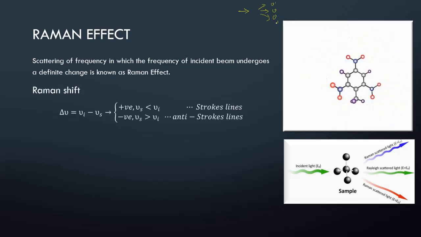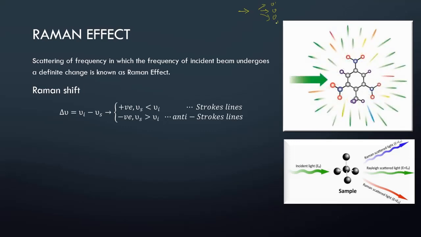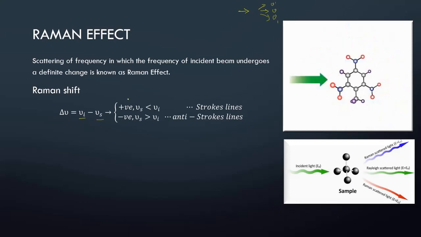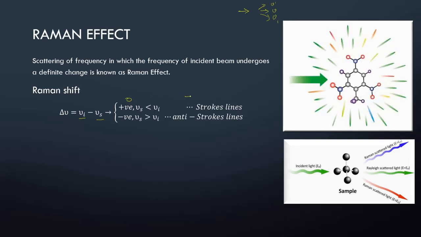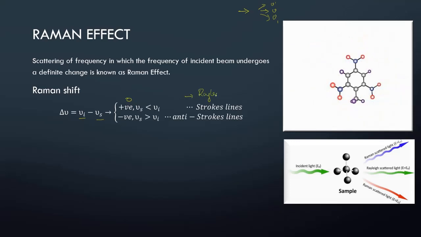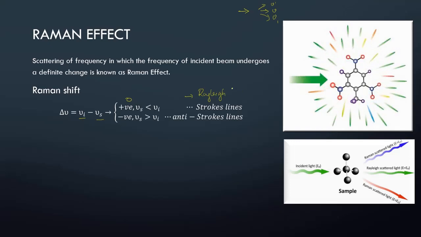The Raman shift is the difference between the frequency of the incident radiation and the frequency of the scattered radiation. This difference can be zero, and this is known as the Rayleigh scattering or the Rayleigh lines.